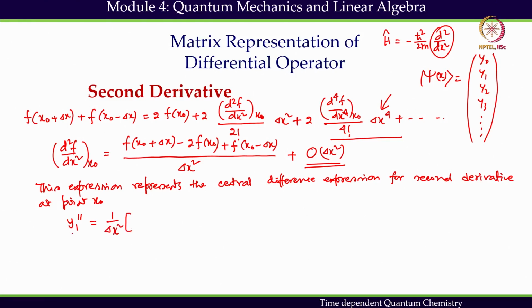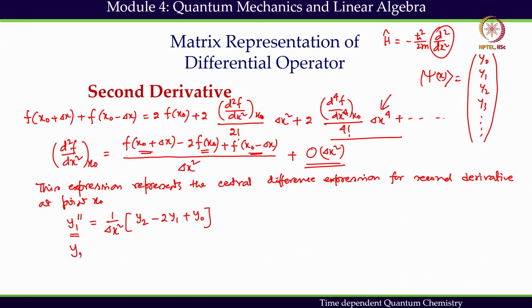Then to find the derivative at the y1 point, I need to know the function value one step forward, that is y2, then minus 2 multiplied by y1, plus the function value one step backward, which is y0. So this is the expression for the derivative at the y1 point.